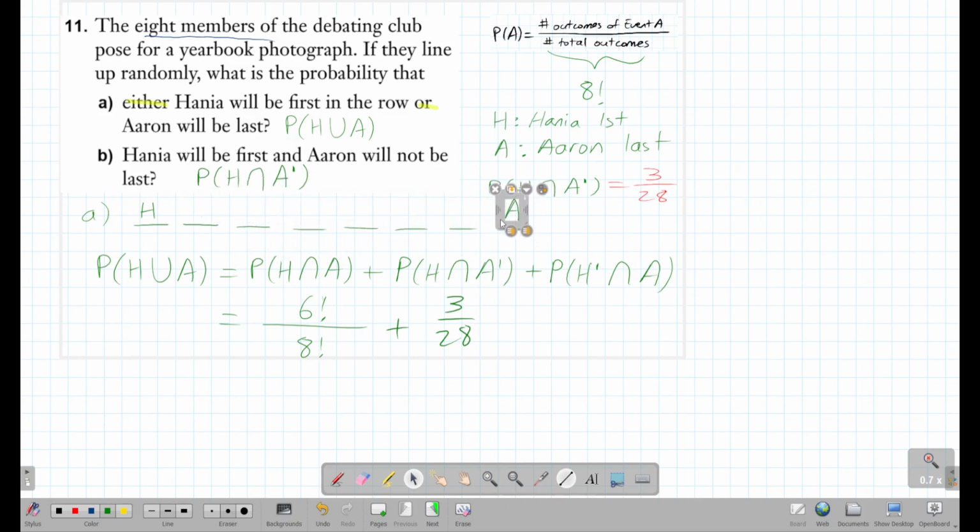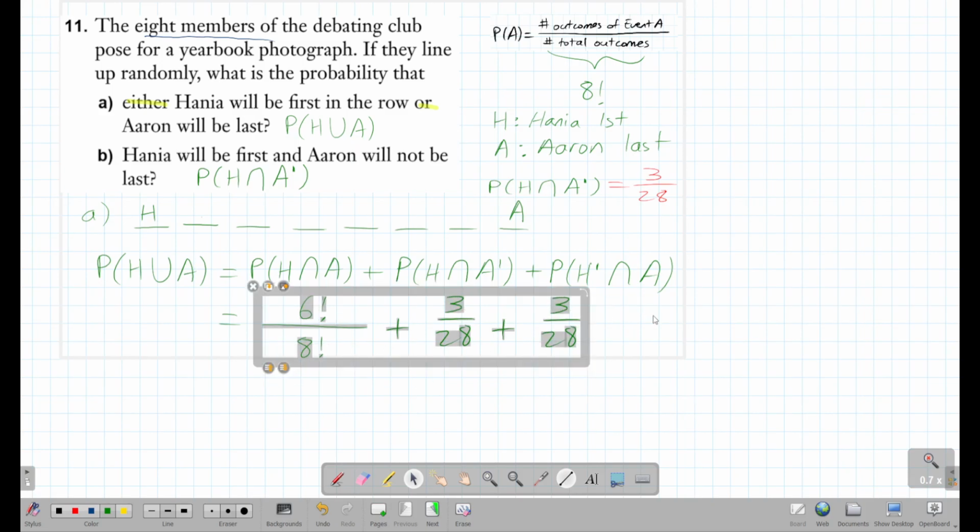So because this is the same thing as B, the probability of this is also going to be 3 over 28, because it doesn't really matter who you fix. If I fix Aaron in the last position and let Hanya move around, that's the same thing as fixing Hanya in the first position and letting Aaron move around. It's going to give you the same result.